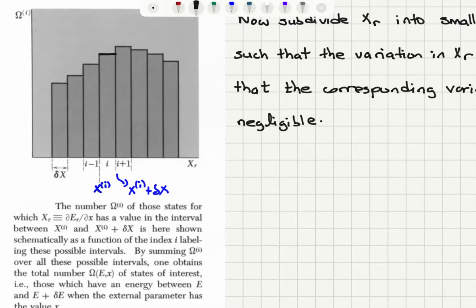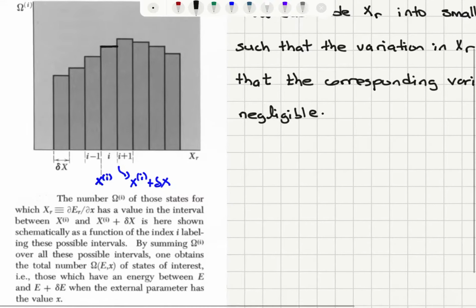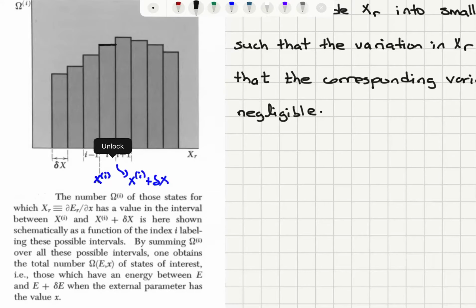So delta x is small enough that the corresponding change in the number of accessible states is negligible. So omega i is the number of those states for which xr has a value in the interval between xi and xi plus delta x.